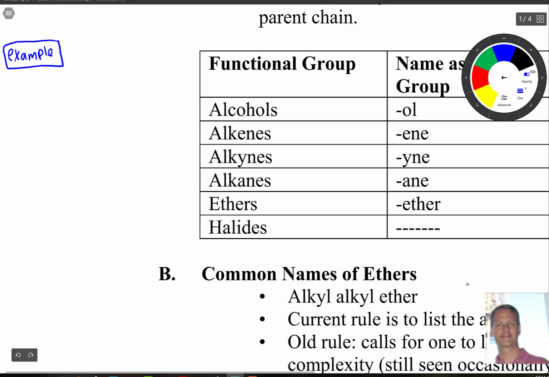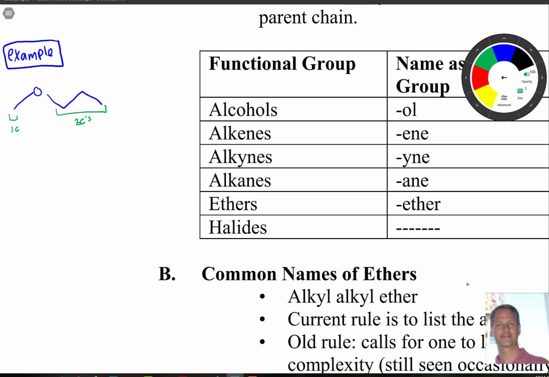All right, so what about something like this? Let's take a second, jot this down. Now, what we want to do is find the longest carbon chain here. So the longest carbon chain is this, right? That has 3 carbons, and this is just 1 carbon.